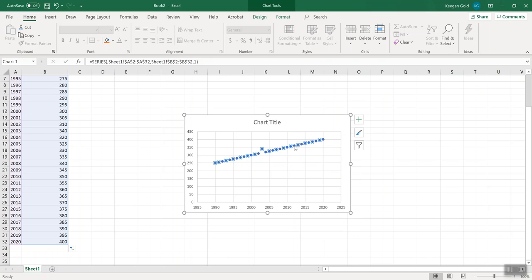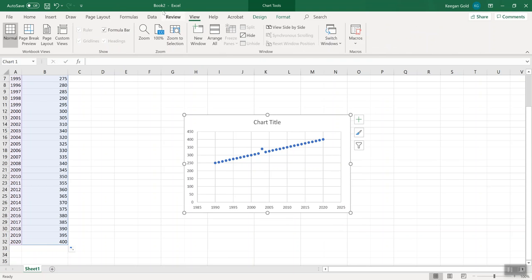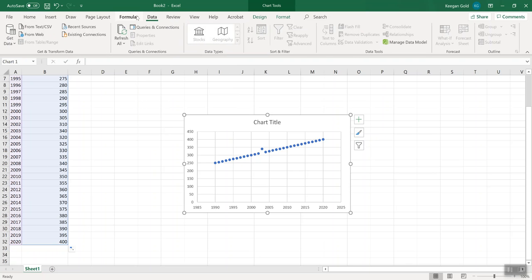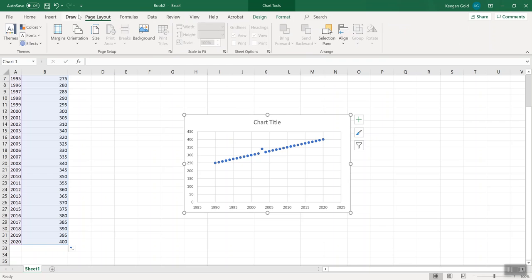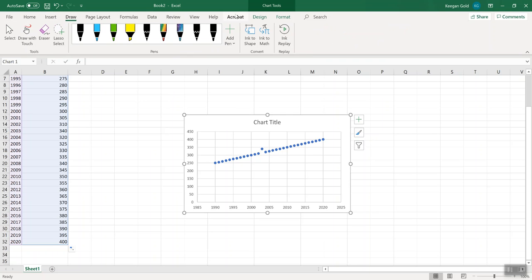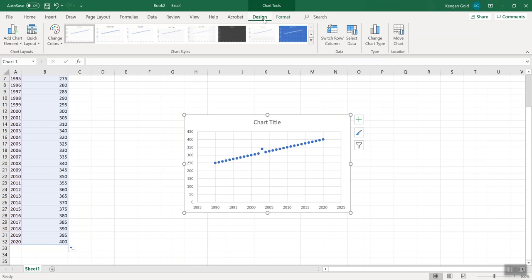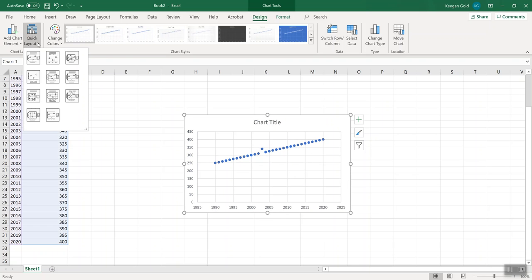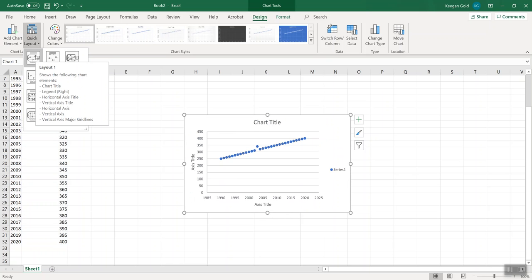Okay, now the next thing that you want to do is change the format of this. So I don't even know where it is. Review data, because I very rarely ever do this. Probably design. There we go. So you want to find something that's going to have an XY title.